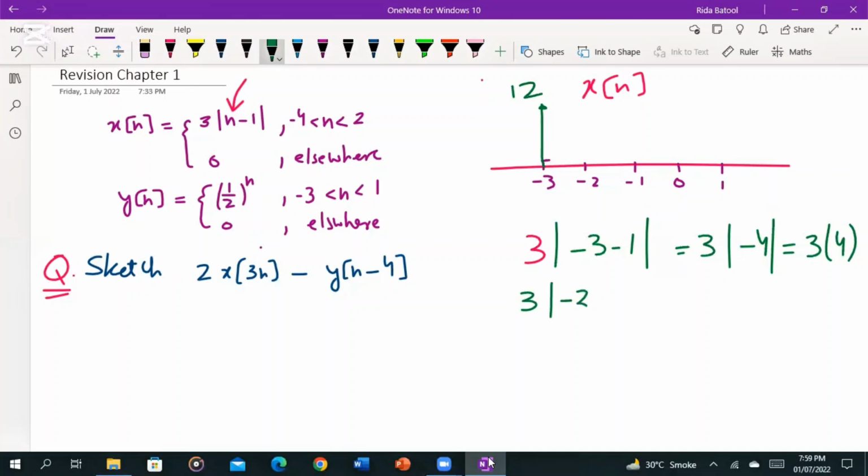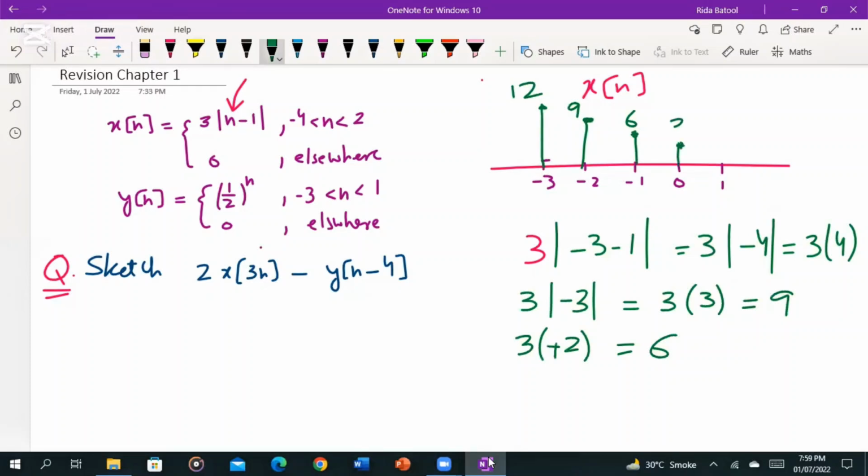So -2 -1 = -3, so 3 times 3 would be 9. Similarly, if you put -1, -1 -1 = -2, it would become +2, 3 2s are 6. If you put 0, then 3 into 1, 3. If you put 1, 1 minus 1, 0.